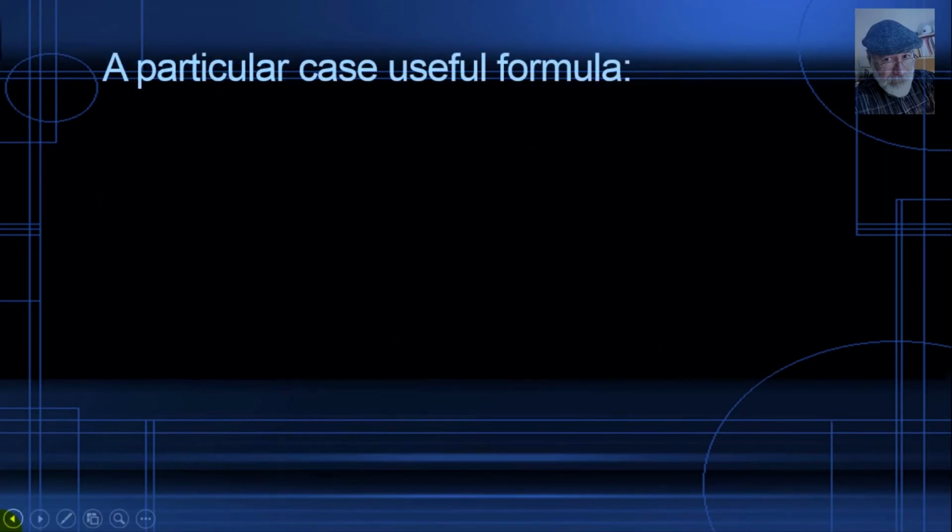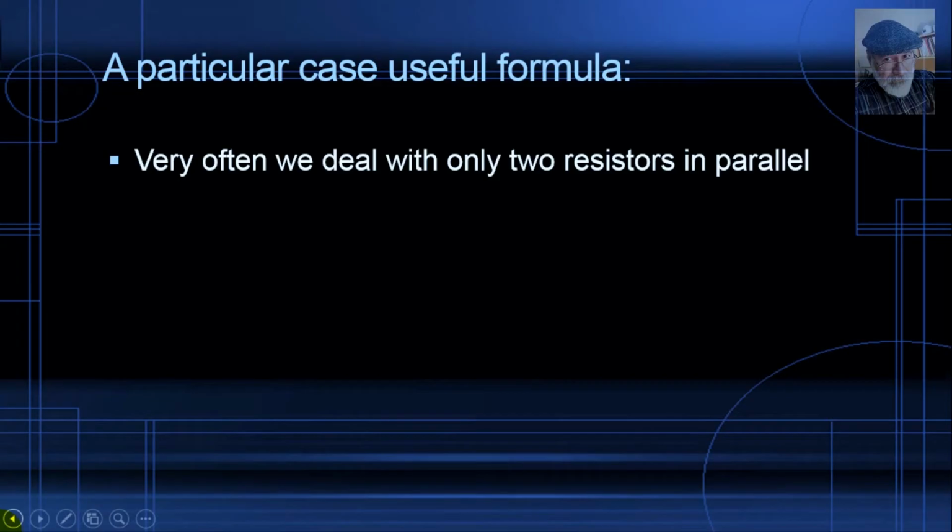There is a particular case that occurs very often, and renders a very useful formula when we have only two resistors in parallel, or two inductors in parallel, or two capacitors in series. In that case, the formula can be memorized very easily and applied even easier. For two resistors in parallel, R1 and R2, that is a formula that we use to obtain R equivalent.